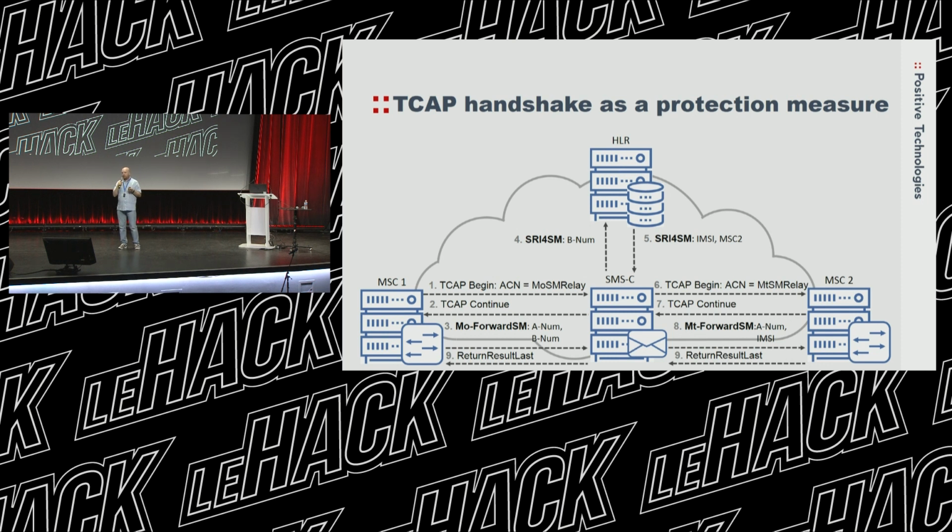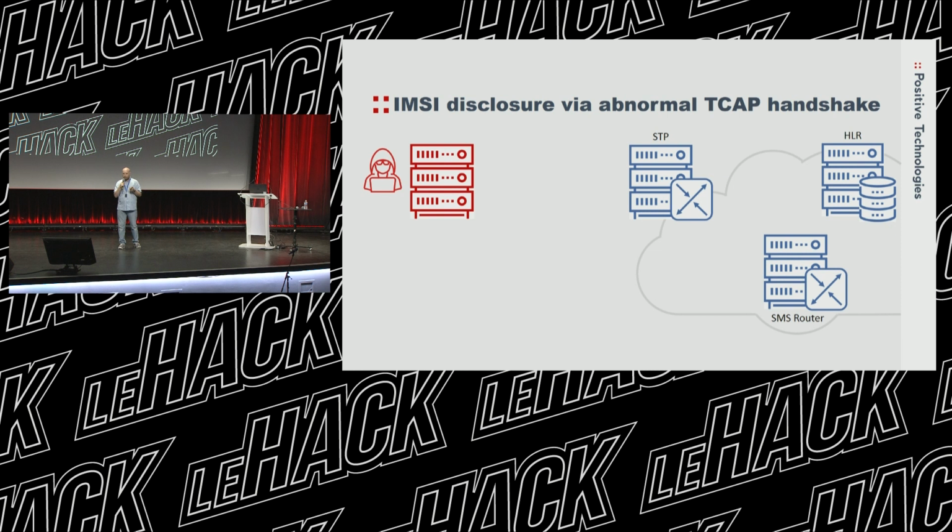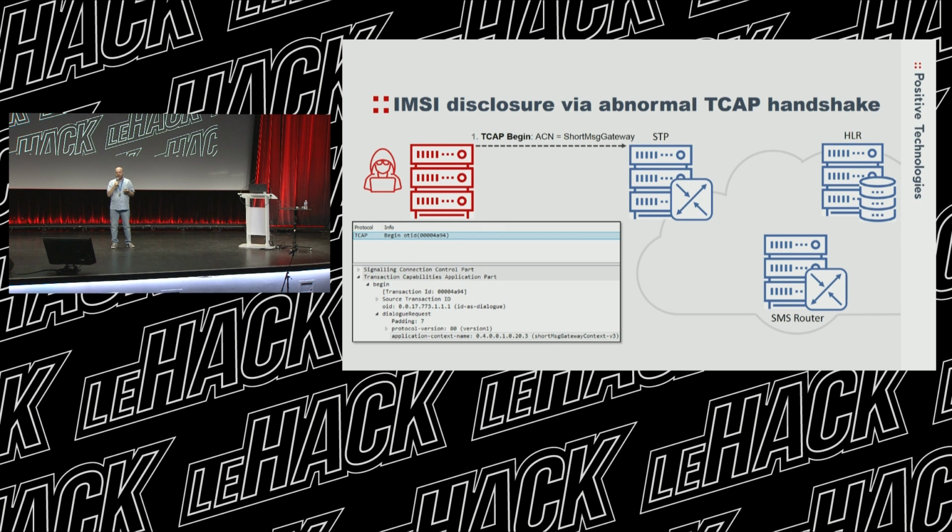TCAP handshake is available only between MSC nodes and SMS centers. No other network elements can process this feature. But if the intruder knows signaling protocols very well, they are able to send a TCAP begin signal message with an application context that is related to the send routing info for SM operation. When the STP processes this signal message, it finds, first of all, the destination node.